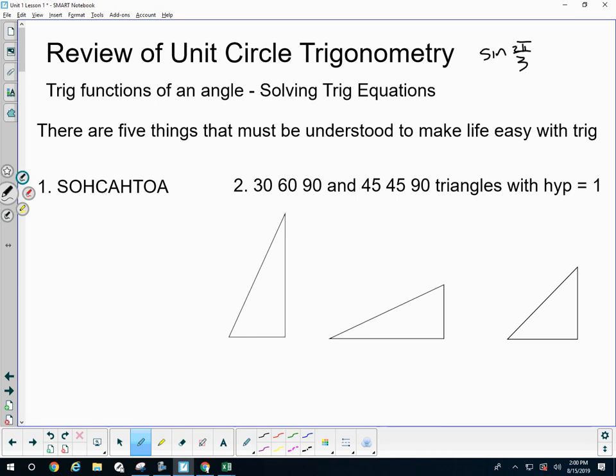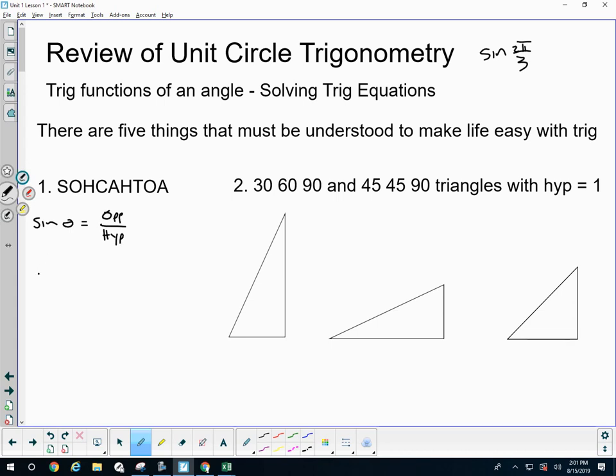Okay? Here we go. First thing I remember is my friend, the acronym SOHCAHTOA, which tells us that the sine of an angle, and this is an angle in a right triangle, is equal to the ratio of the opposite side divided by the hypotenuse.